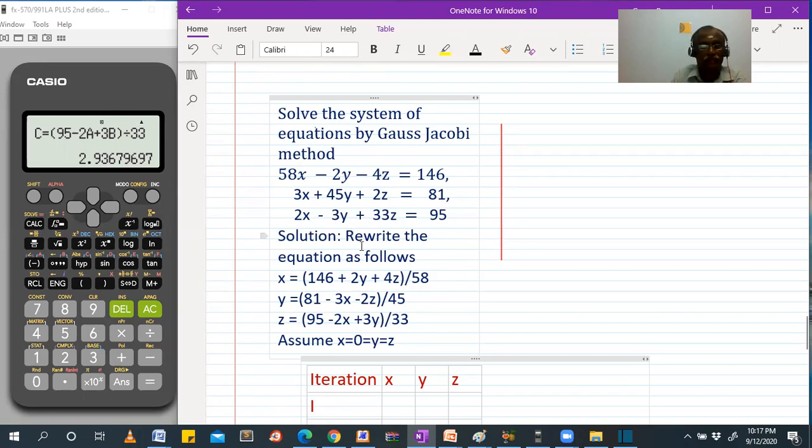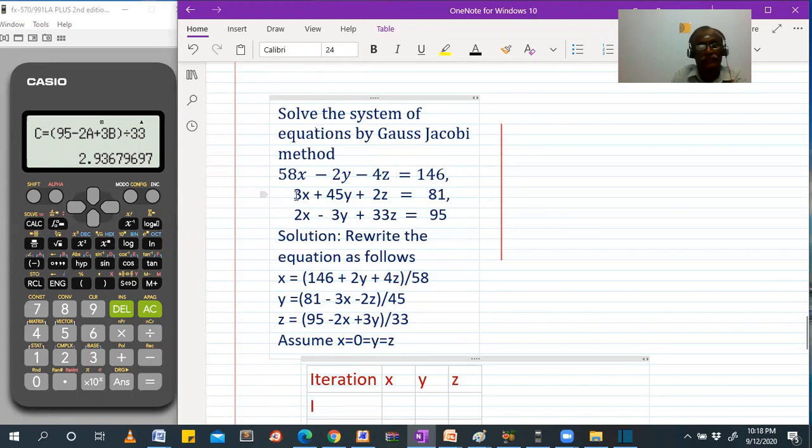Next step is to rewrite the equations as follows. The first equation should be written as x as a function of y and z. For this, we bring the y term and z term to the other side and divide by the diagonal number. So x equal to (146 plus 2y plus 4z) by 58.